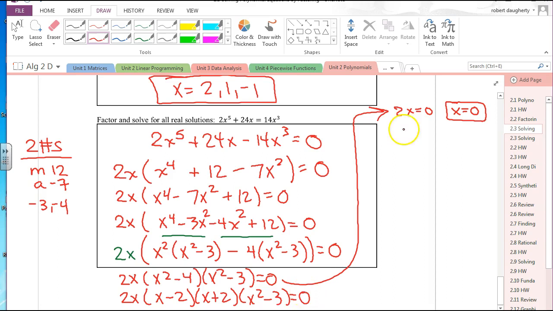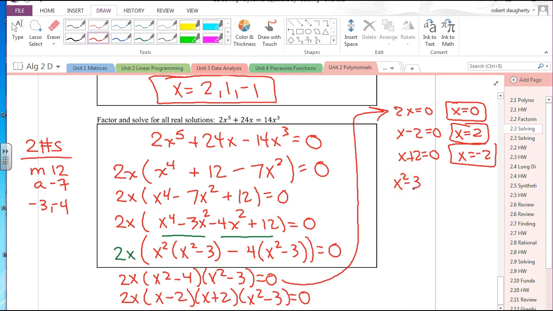So x minus 2 equals 0 means x equals 2. That is a solution. x plus 2 equals 0 means x equals -2. That is another solution.